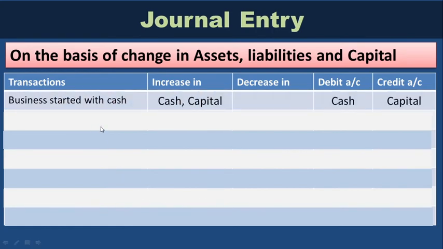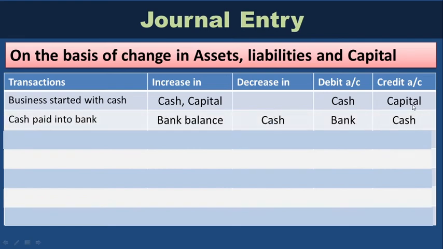When business started with cash, cash increases and capital also increases. As per our rule, cash is an asset and cash is debited when it increases. Capital is credited as it increases. So capital account is credited.